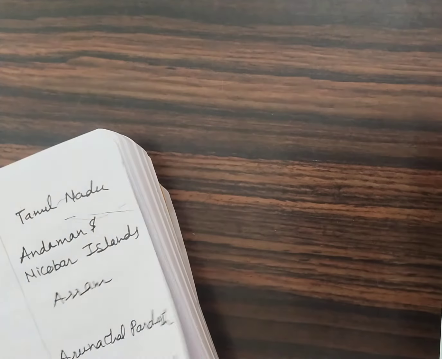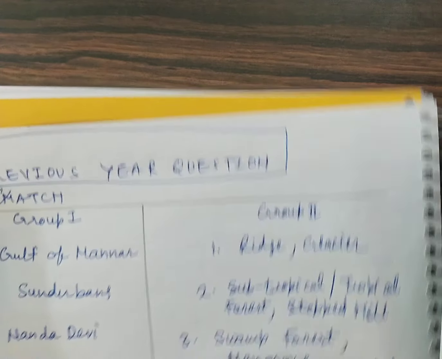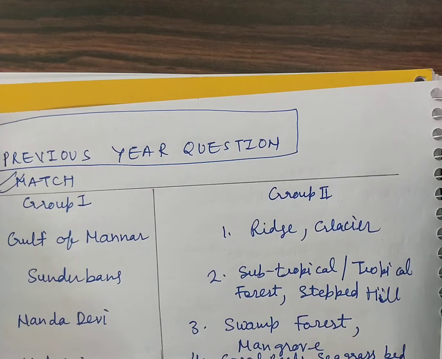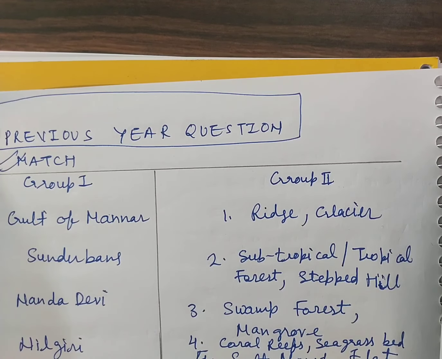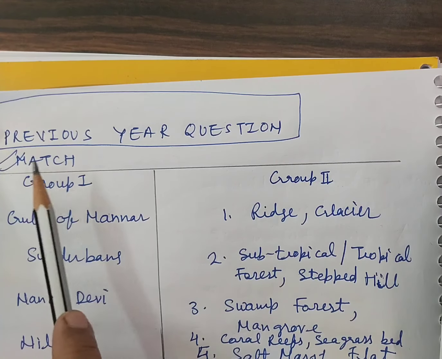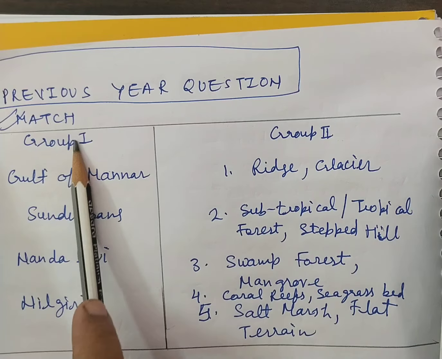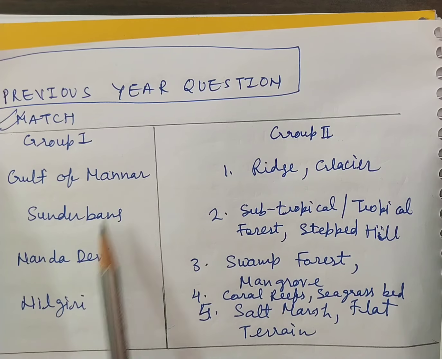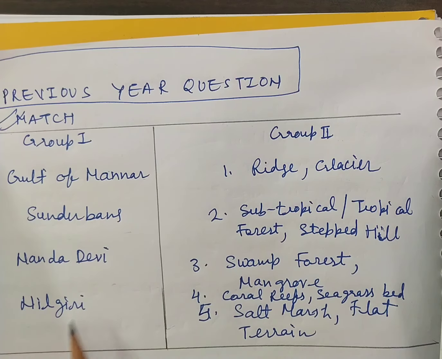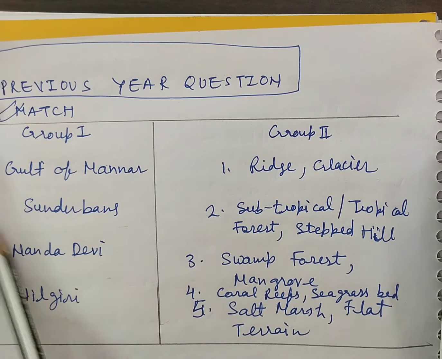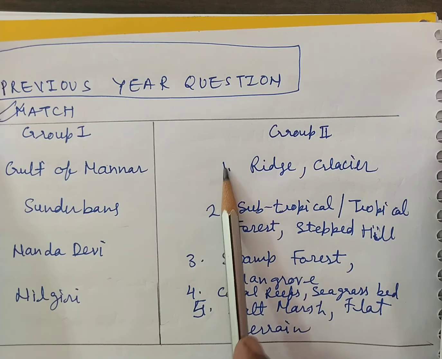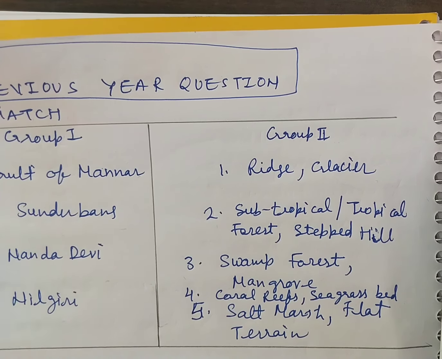Alright, now there is a previous year question based on this biosphere reserve. There was a match question. Group 1 and Group 2 are given. In Group 1: Gulf of Mannar, Sundarbans, Nanda Devi and Nilgiri, labelled PQRS, and you have to match them with 1, 2, 3, 4, 5.